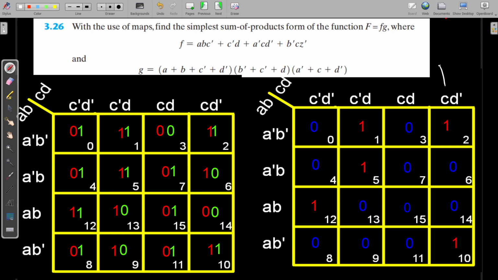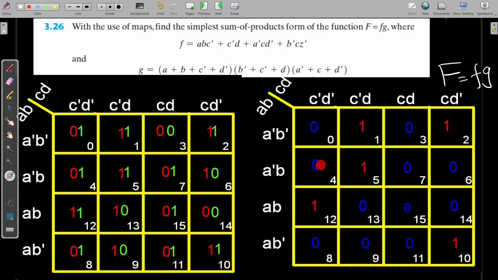So this corresponds to capital F, which is the ANDing of f and g. 0.1 is 0. This 1.1 in the first cell is 1 because we find this dot product. 0.0 is 0. Then 1.1 is 1.